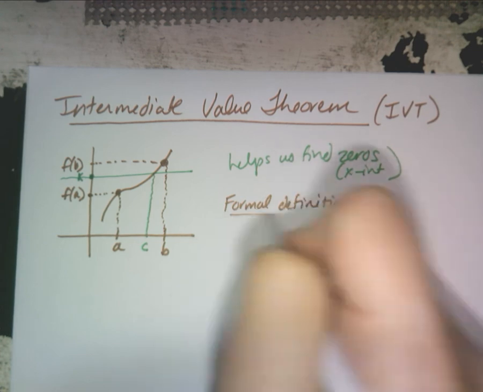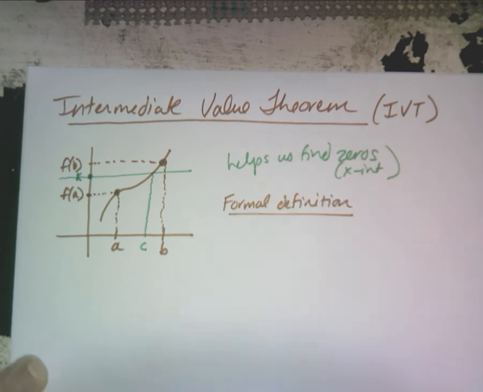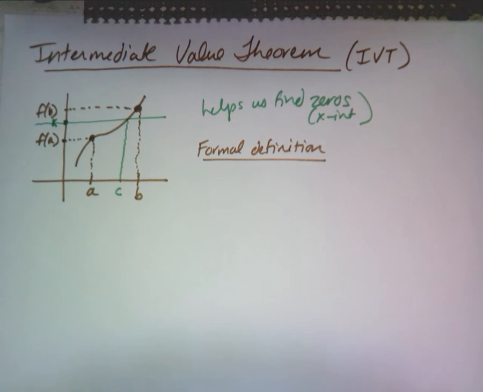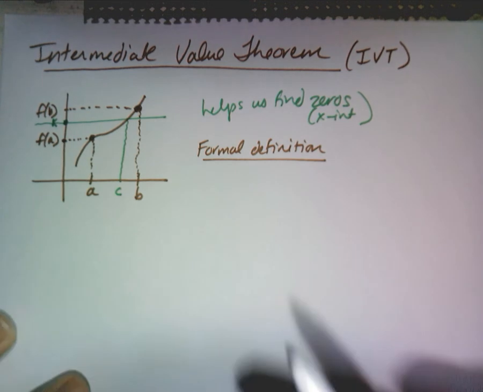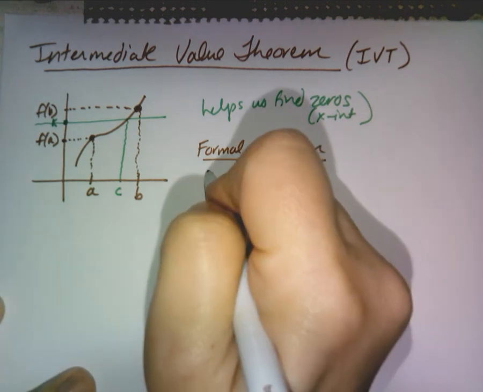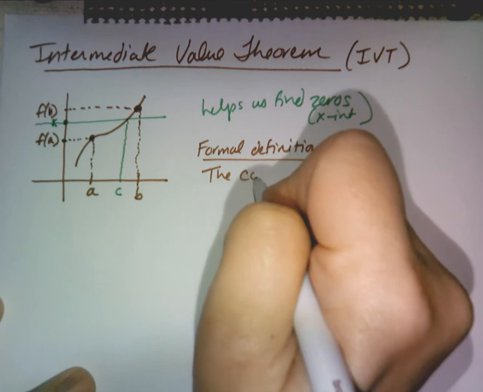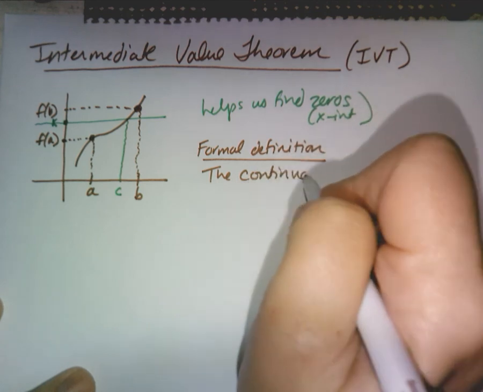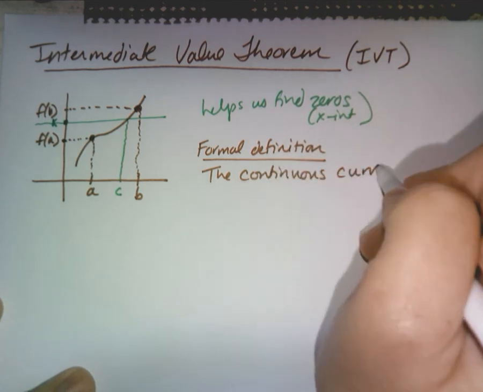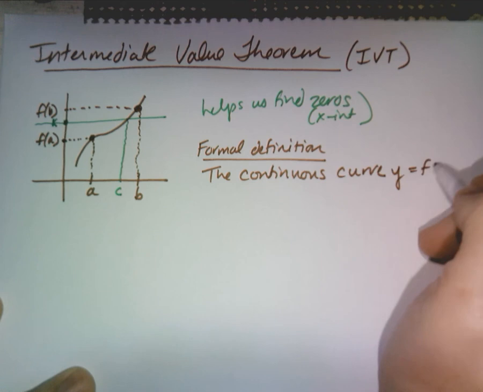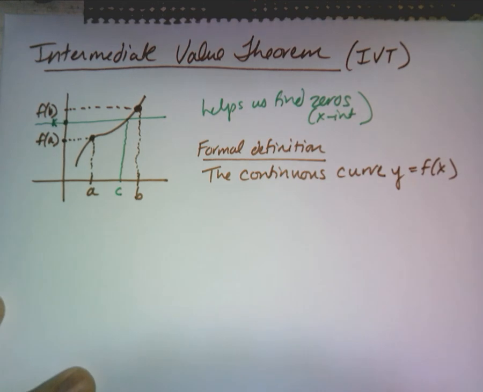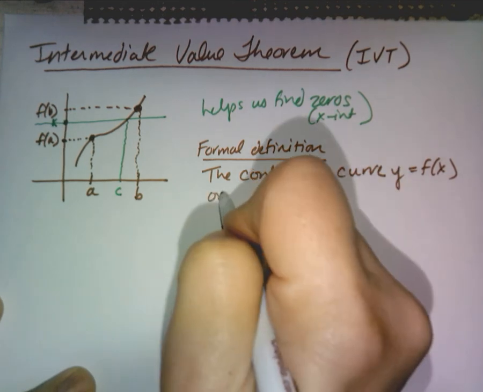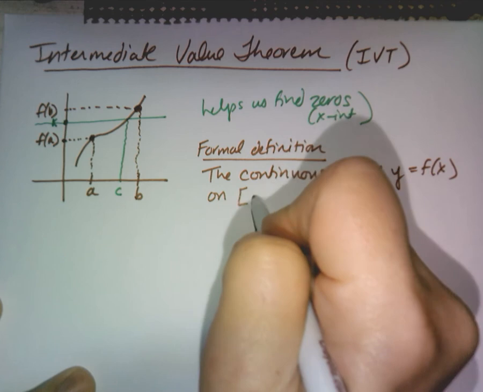I always think it's important because math seems so scary to people when they read these formal definitions, when in all actuality, it's quite easy. But you have a continuous curve, y equals f of x, so that's the curve I just gave you. And it is on a closed interval, AB.